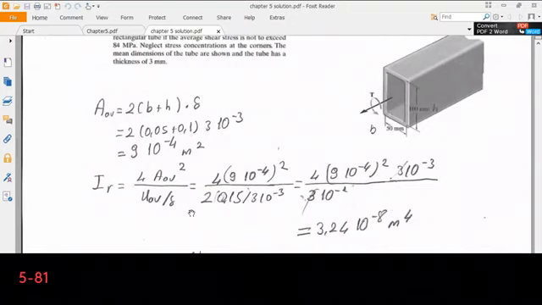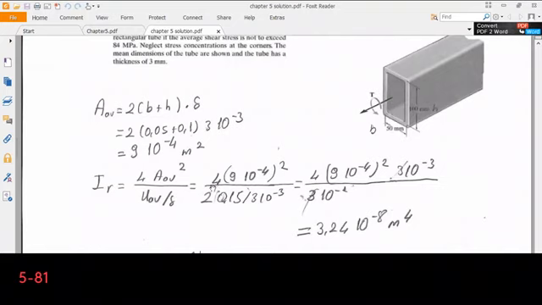Okay, so rotational moment of inertia is equal to 4 times the square of the average area divided by circumference divided by the thickness.